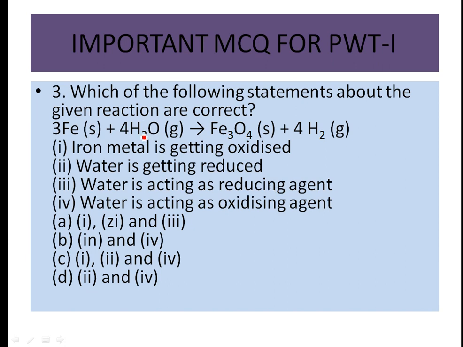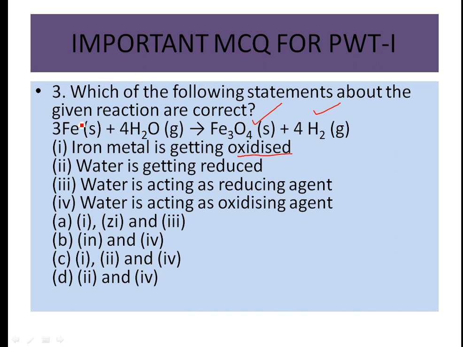Now the third question is: Which of the following statements about the given reactions are correct? जो reaction दे रखी है उसके लिए कौन सा statement correct है? The reaction is iron reacting with water and forming magnetite Fe3O4 and hydrogen gas. First, iron metal is getting oxidized. Iron metal जो है वो oxidize हो रहा है.